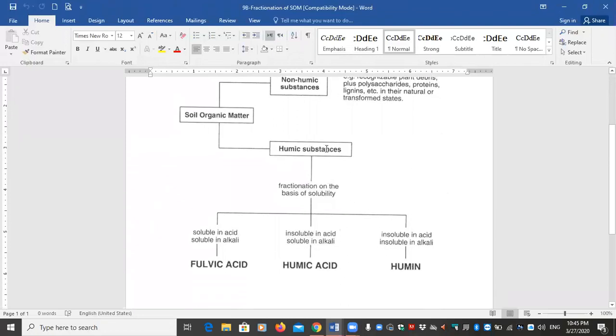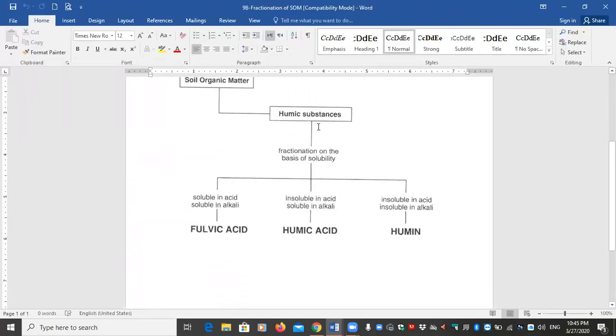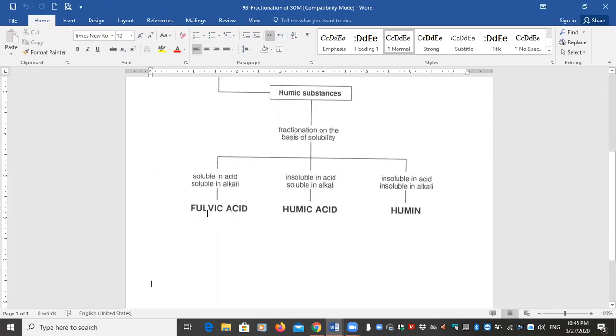The humic substances are also divided into different fractions. So the fractions on the basis of solubility. We will see solubility in what? First, fulvic acid, it's soluble in acid, soluble in alkali. So it dissolves both in acid and bases or alkaline reactions.